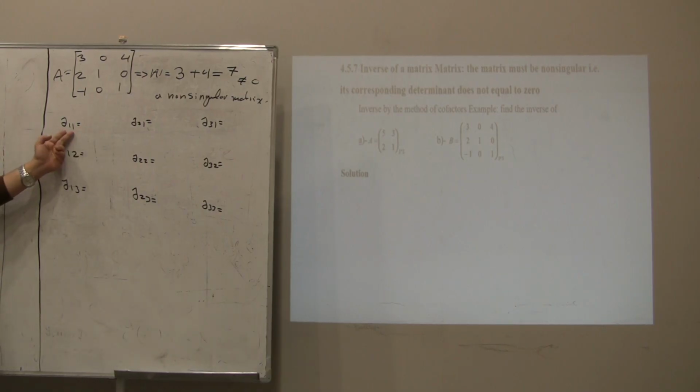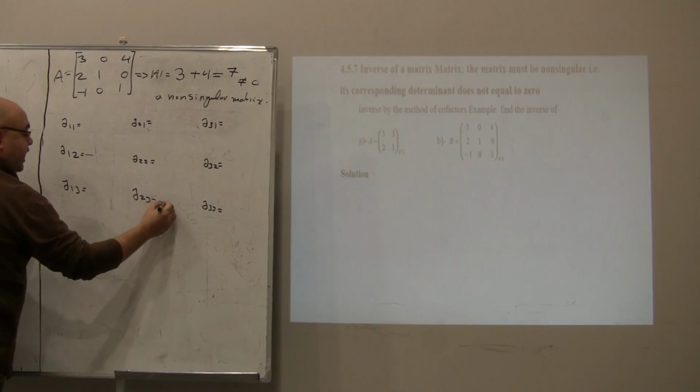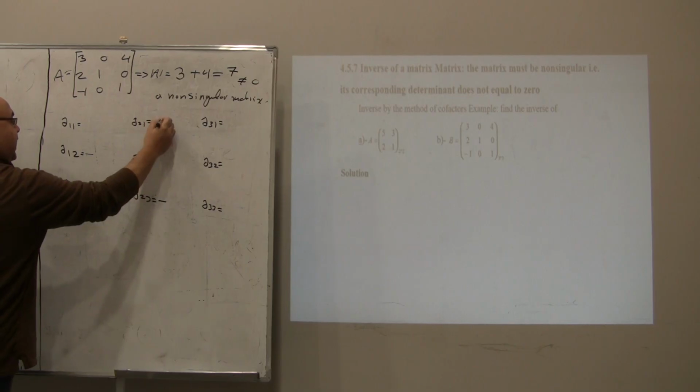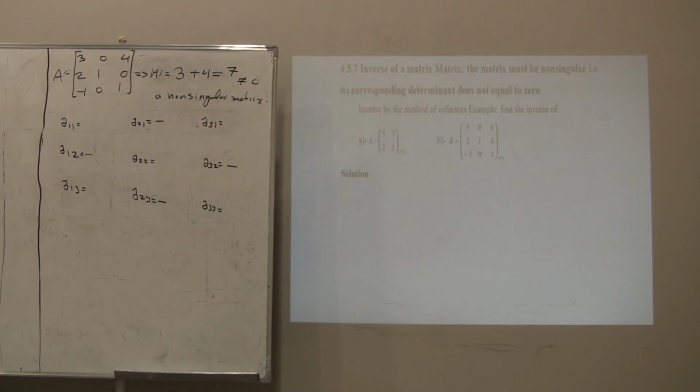Positive, because the sum of these 2 numbers is even, am I right? So it's going to be positive, negative, positive, then negative, positive, negative, positive, negative, positive. In front of each element, eliminate the row and column and evaluate the determinant.